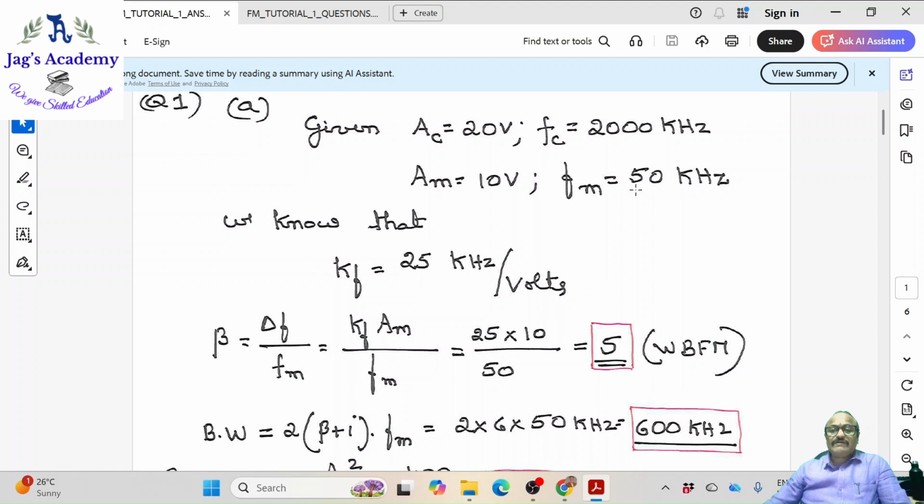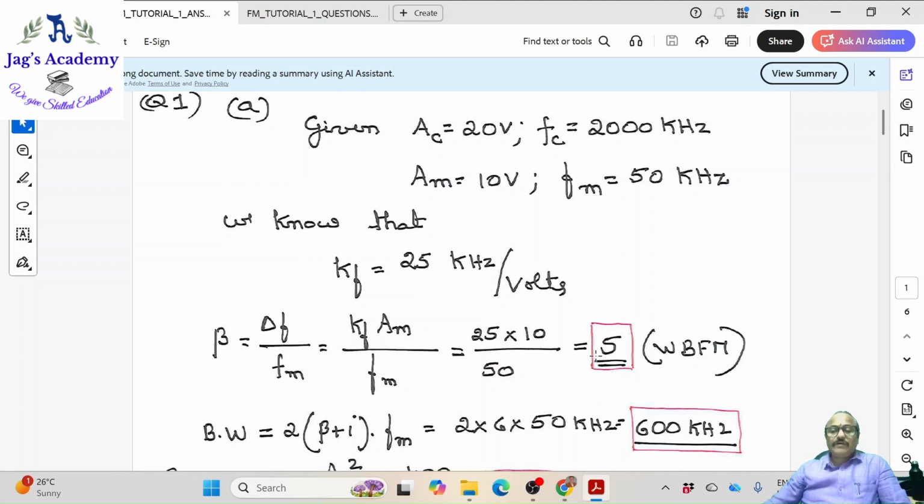Fm is given as 50 kilohertz. So it is 25 kilohertz per volt, and Am is 10 volts, and your Fm is 50 kilohertz. The kilohertz cancels, and similarly volts cancel, and you will get your beta value as 5.